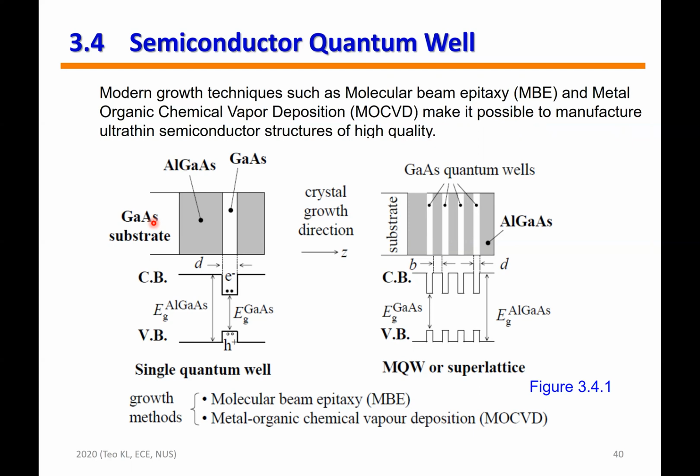The very first layer that you grow on the gallium arsenide substrate is usually another layer of gallium arsenide, before you grow the aluminum gallium arsenide.